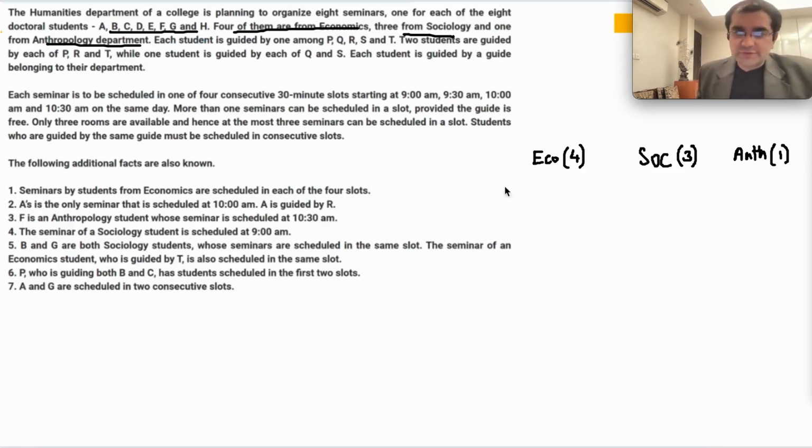And then you have, so we'll have categories here. We'll have the student here. Each student is guided by one among PQRST. तो ये उनका guide भी रख देते हैं. You have the student and then you have the guide.